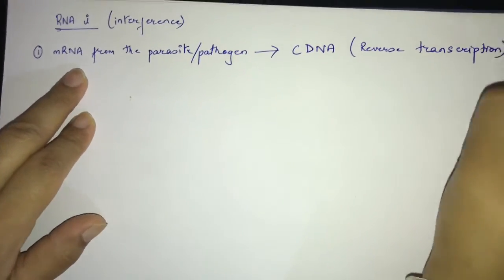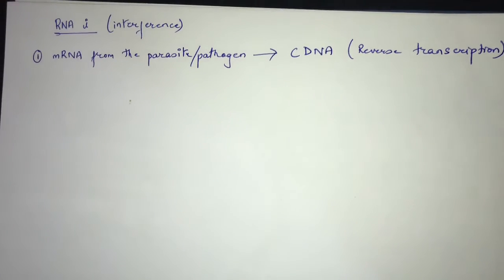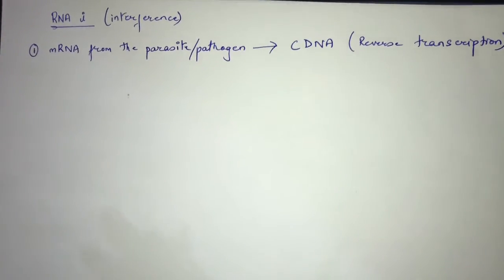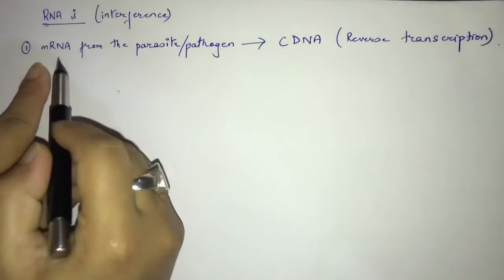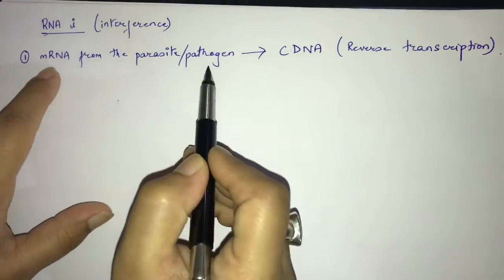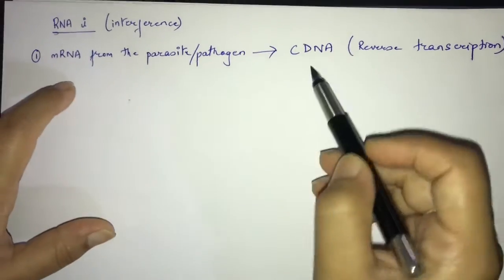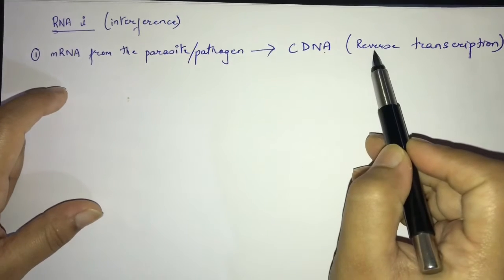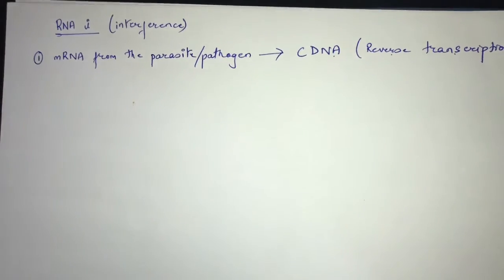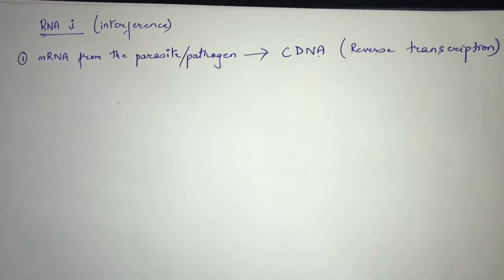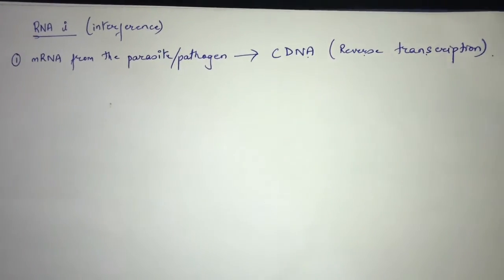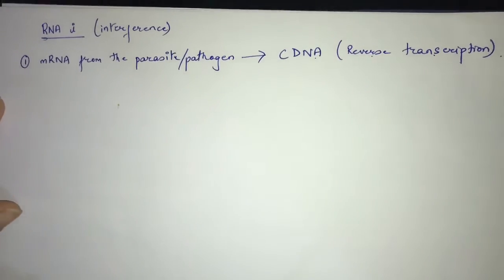You know that transcription is the process in which DNA is converted into RNA, but here the RNA from the pathogen is converted back to DNA, and that process is called reverse transcription. It is reversely transcribed to cDNA.